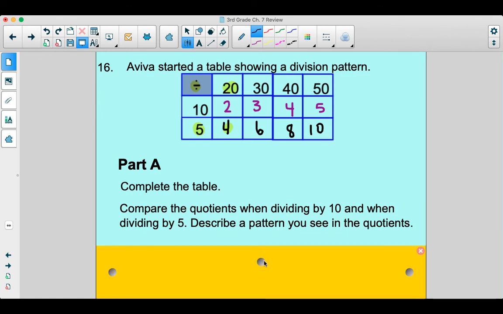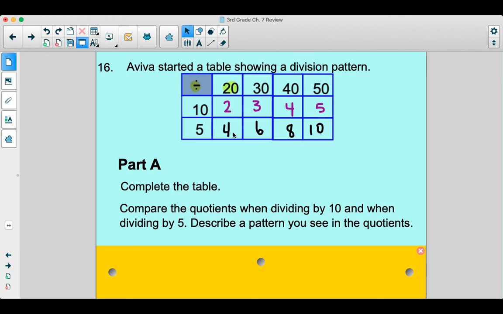Now we have to compare the quotients when dividing by 10 and when dividing by 5. So now we're supposed to look at the quotients. Let me just take these out so we can concentrate. There we go. We're going to compare if you're dividing by 10 and if you're dividing by 5.